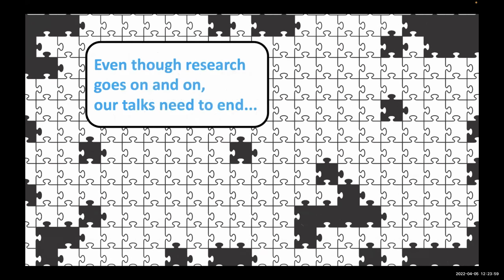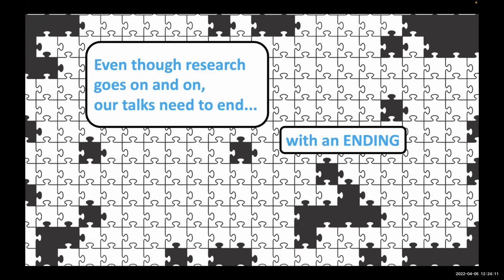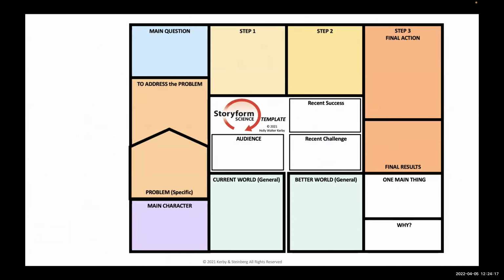However, unlike research, which goes on and on, our talks need to end, right? And our talks need to end with an ending. Our talks should not end because we've run out of time. They should end with a strong ending. So if you take a look at that template that I have again, the end's right here.